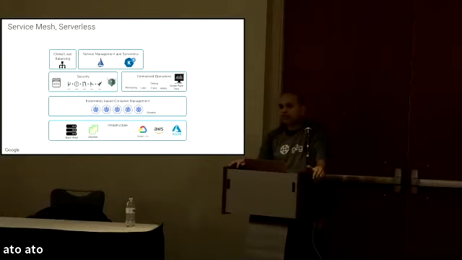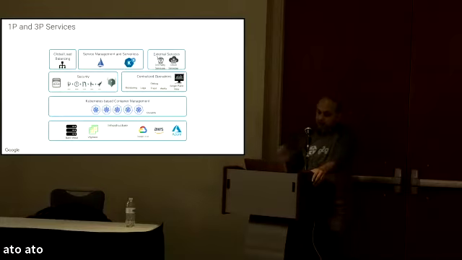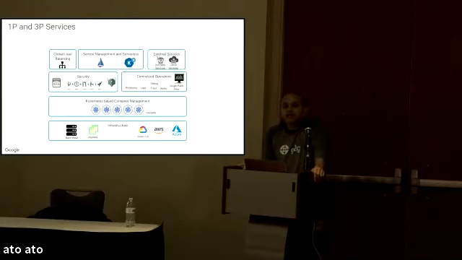Right? So can you provide those options as well? Being able to do serverless, being able to do service mesh. Now, we touched upon this before. You would want to run your application workloads across multiple clouds or within your data center for a particular reason, because you want to use the best of breed services that are available in that particular location, right?